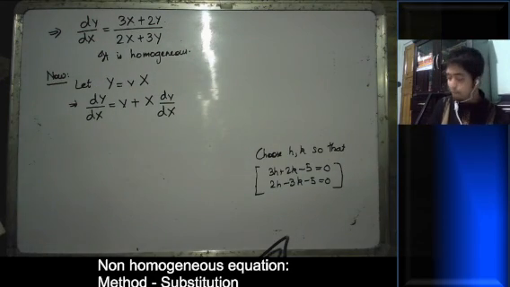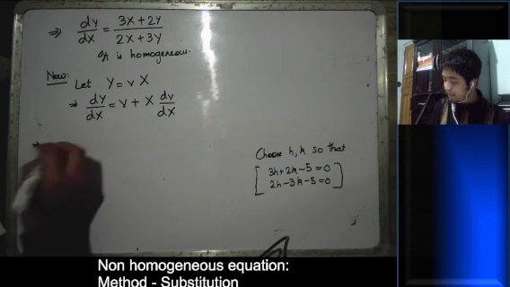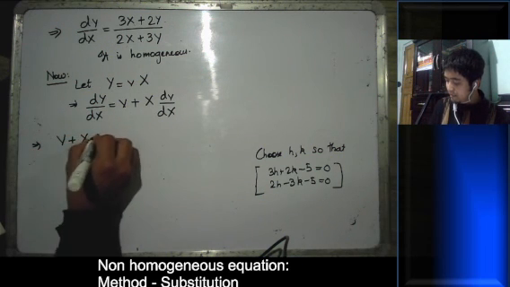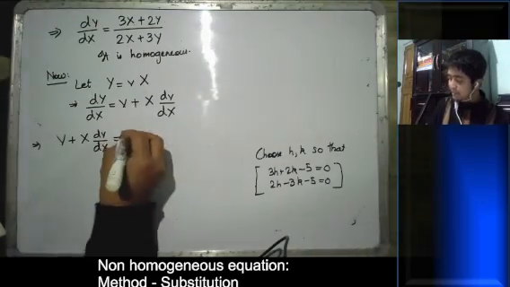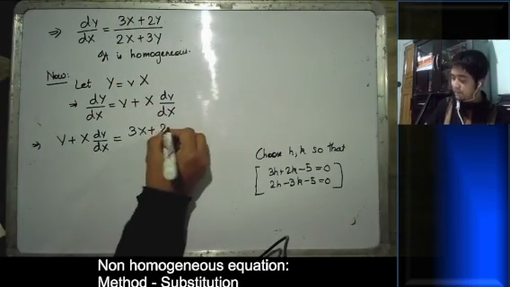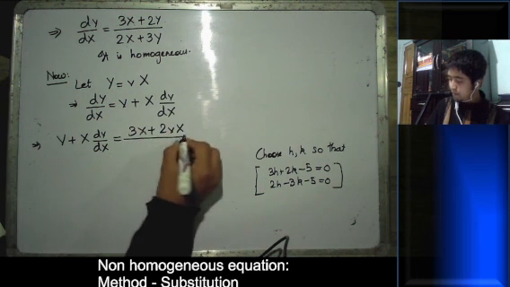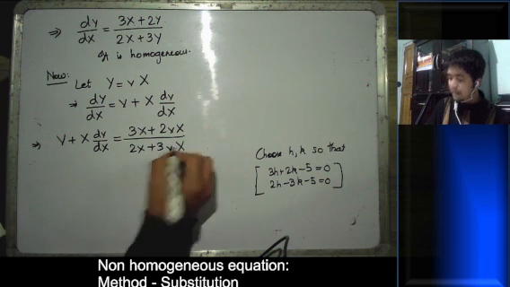So this is what we will be getting. So 3X stays as it is, and Y becomes vX, 2X plus 3vX.